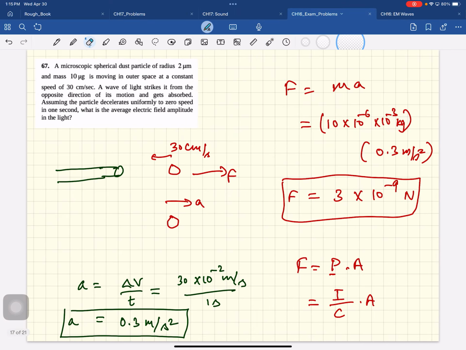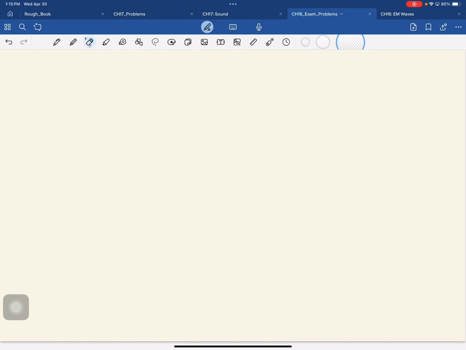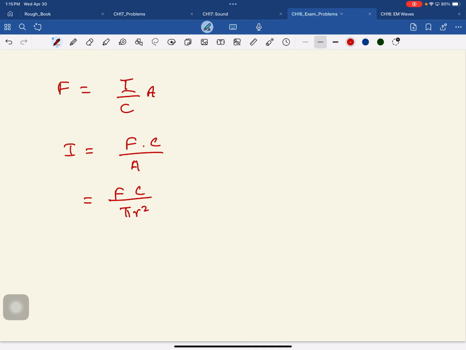So force was intensity times area, and area is pi r squared. It's a spherical particle and the area of cross section is a circle.